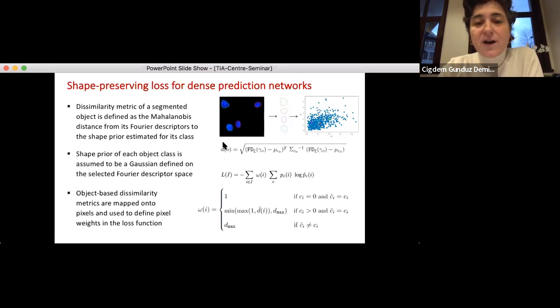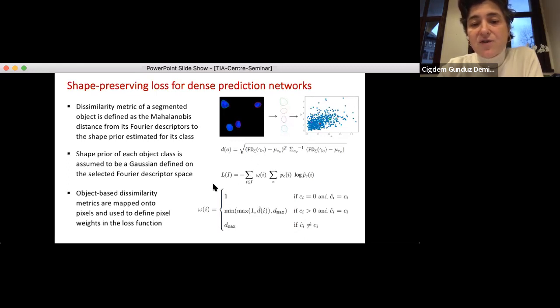And we are using this distance metric to define the weights for the pixels. We find the pixels belonging to that particular object, and we use this distance metric for all pixels belonging to that object. That is our weighted cross entropy, and the weights are calculated using this dissimilarity metric.